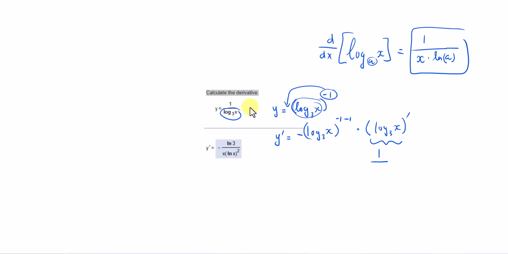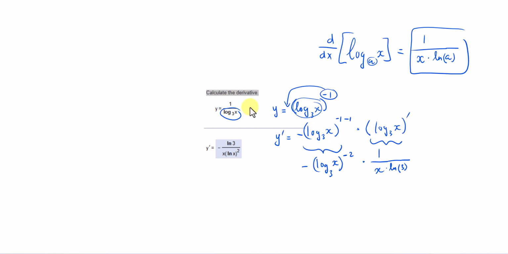So we have 1 over x multiplied by the ln of the base, which is ln 3. Okay, and I can rewrite this as minus the log base 3 of x to the power of -2, and again you multiply that together.